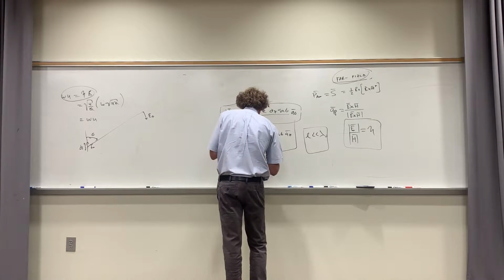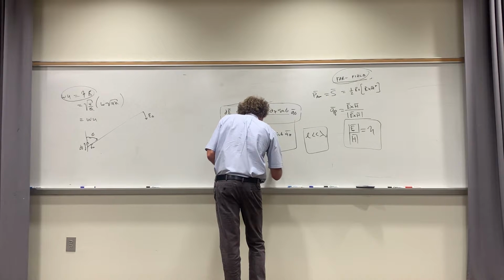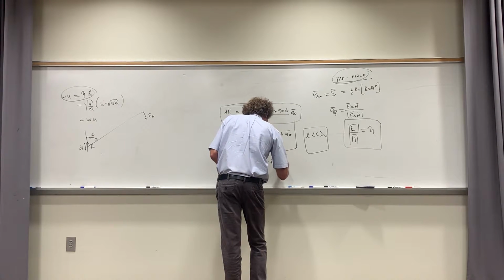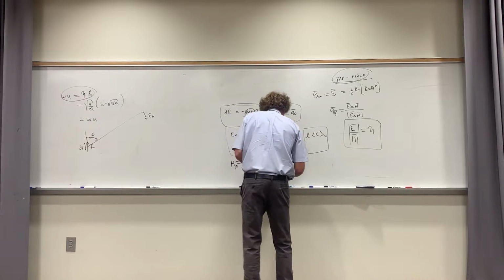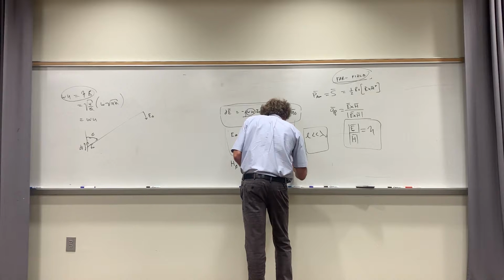Specifically it would be minus j beta I naught L over 4 pi R, then sine of theta, and A phi, and that would be H.